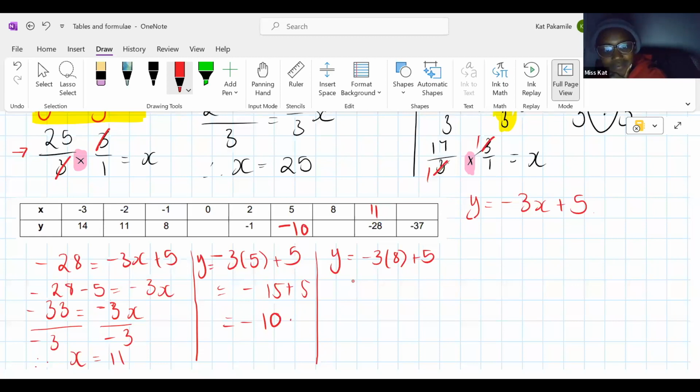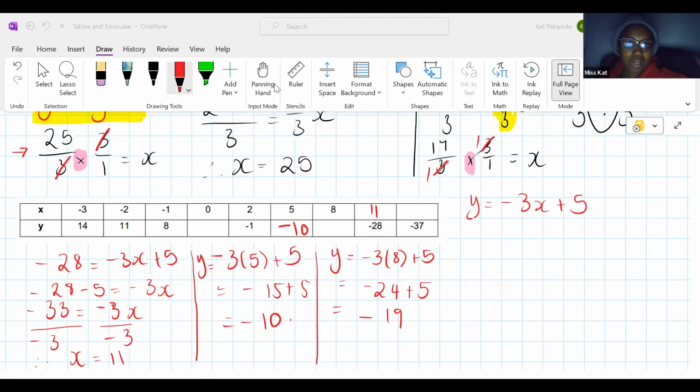So you're gonna multiply -3 and 8, which gives you -24. Then you add plus 5. What's -24 plus 5? Check again. Wait, no, ma'am, -19. Sorry. -19. Beautiful. Thank you, Fatima. You're getting it.